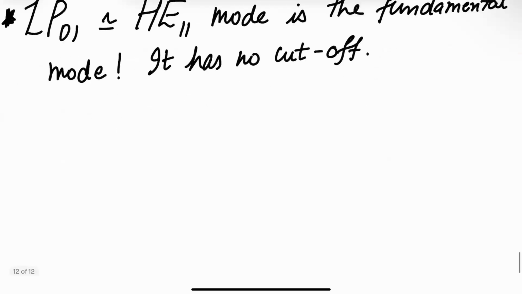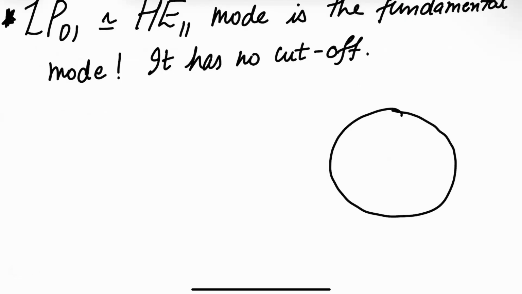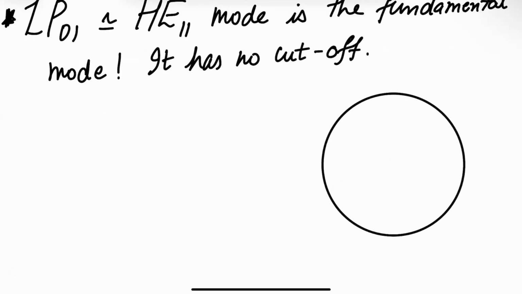So what does this mode actually look like? That's my cladding, and that's my core, which is very small. This mode looks almost like a plane wave. The electric field, which I'm drawing, looks something like this.